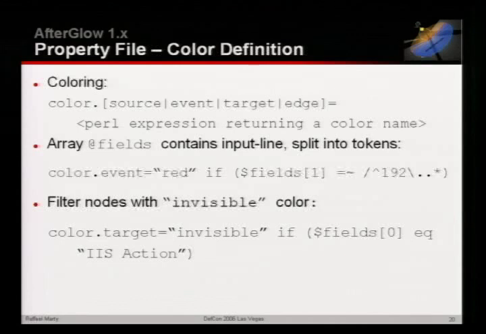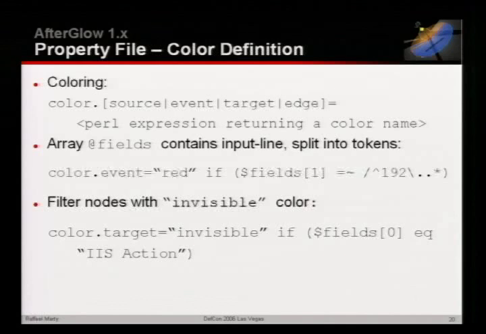Then, if you want to get a little more sophisticated, you use the next line, color.event equals red if, and then I provide some kind of an expression there. And Afterglow keeps track of the current log entry in the @fields array. So if I do this here, $fields[1], that means the second column, since it starts at 0. The second column has to match this regex, basically starting with 192 dot something.